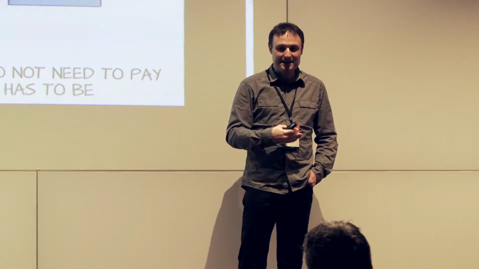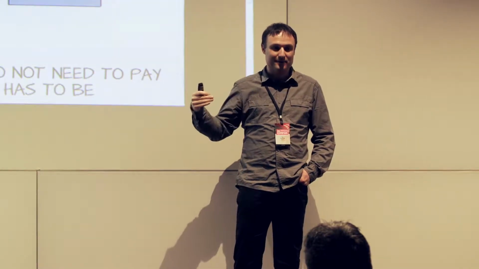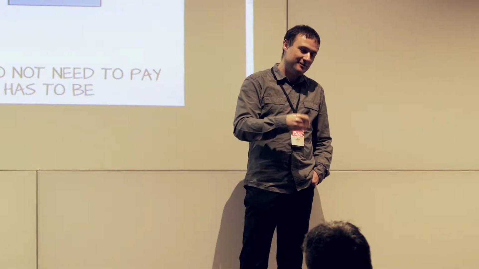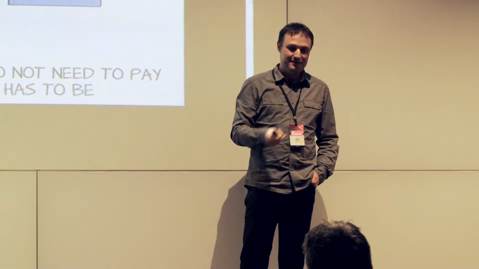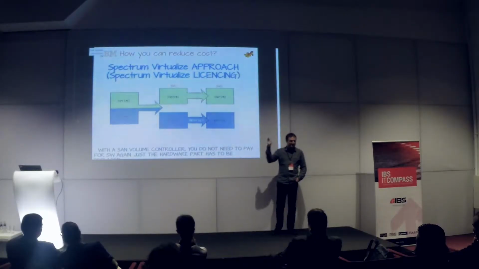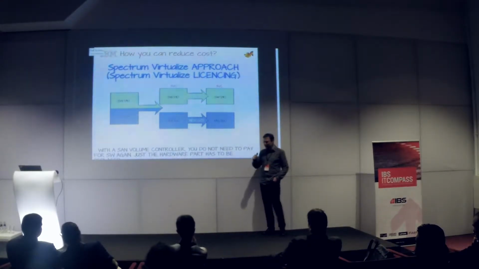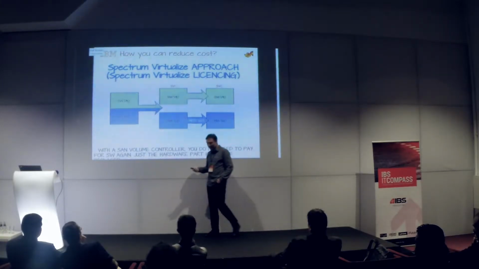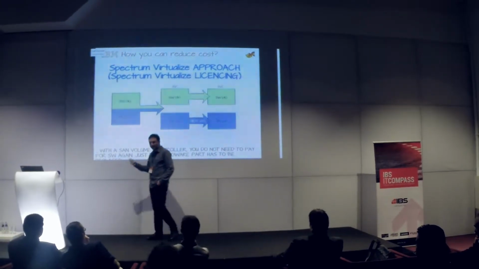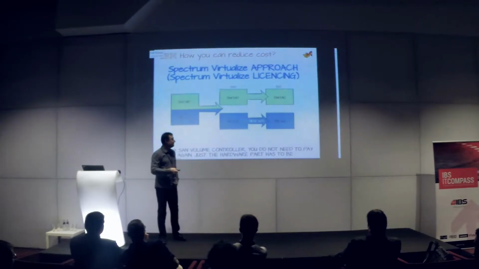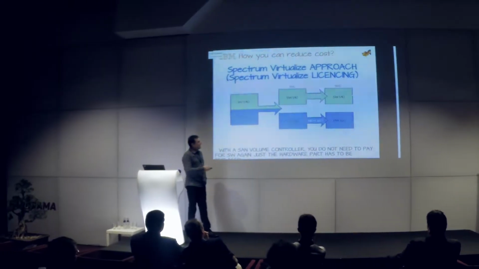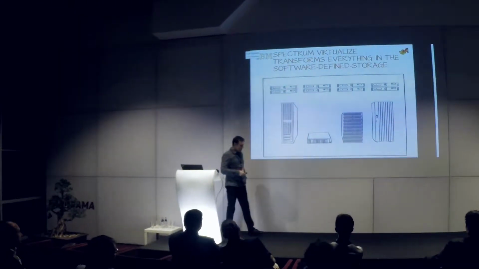So the license is owned by the customer. It's not attached to the box. So when you buy a new box at the back, the license is still with you. When you buy a new appliance here, the license is still with you. The license is not attached to the appliance. It's attached to the customer. Okay. And this can bring savings too.